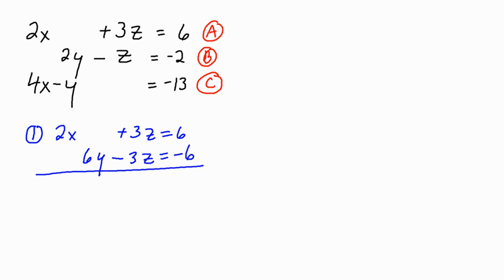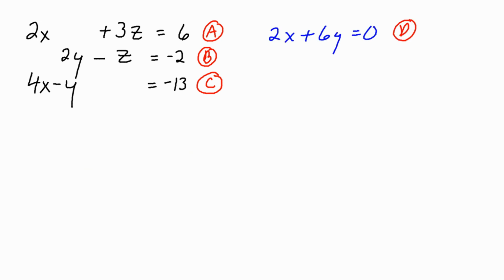I end up with 2x plus 6y equals 0, and that's going to be our equation D.